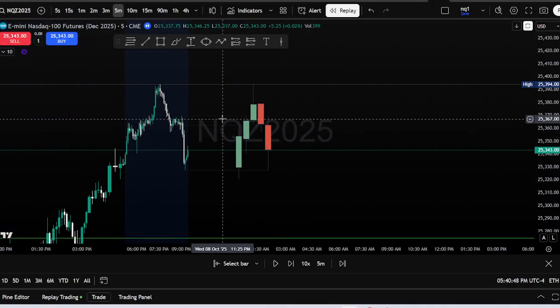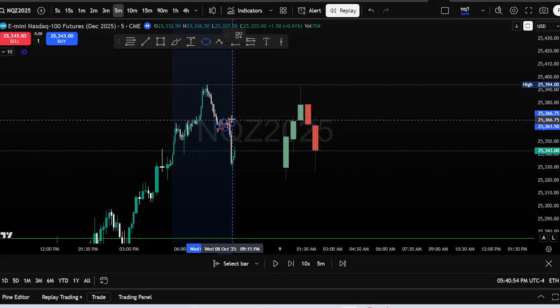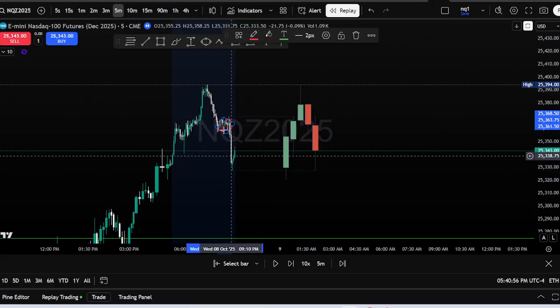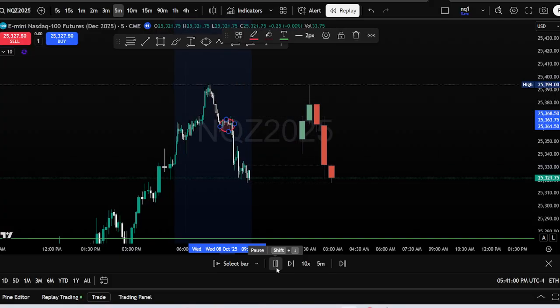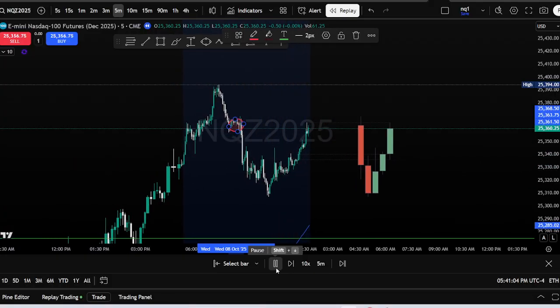Look at that. Right there it was for the short. Bang, straight down. This stuff's fractal. It's on every time frame.